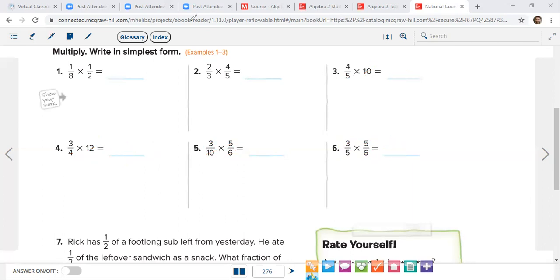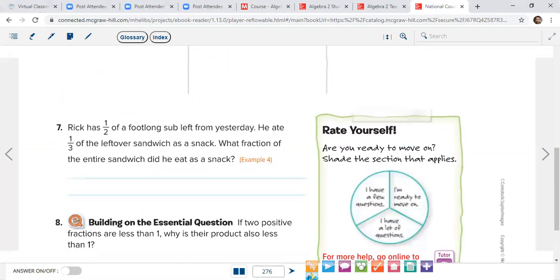Moving on. In problem 7, Rick has half of a foot-long sub left from yesterday. He ate 1/3 of the leftover sandwich as a snack.